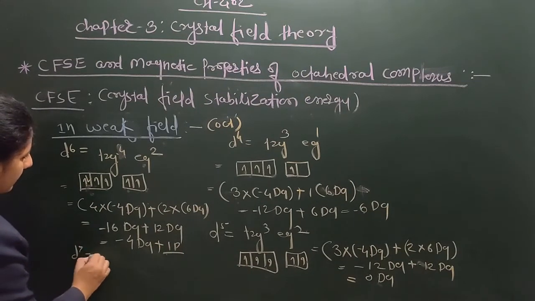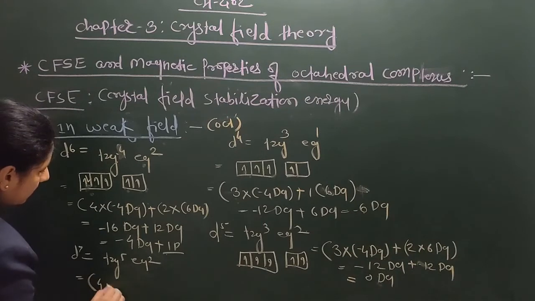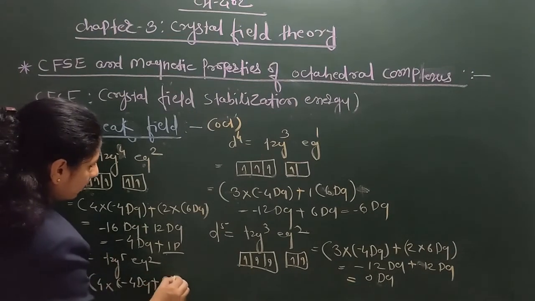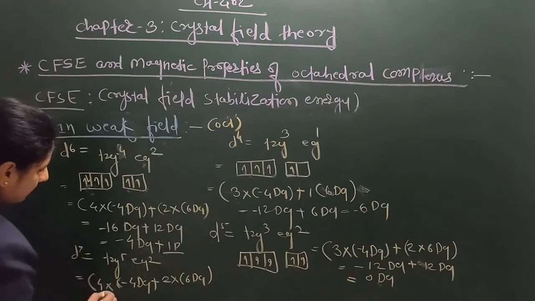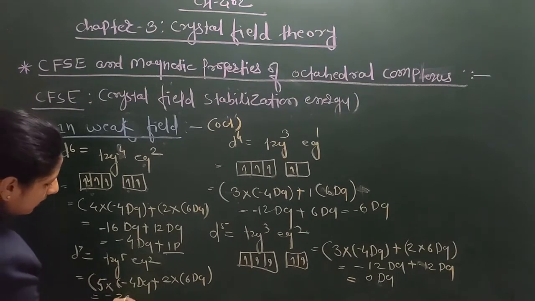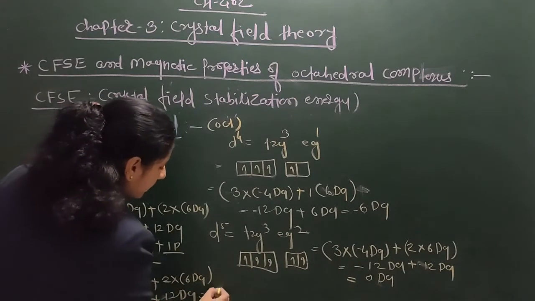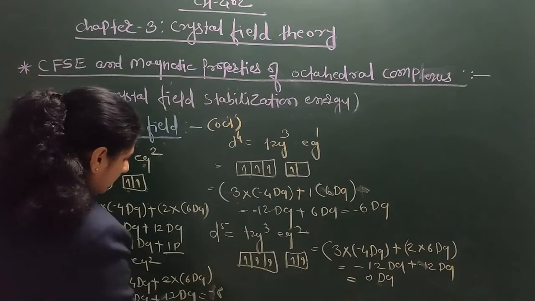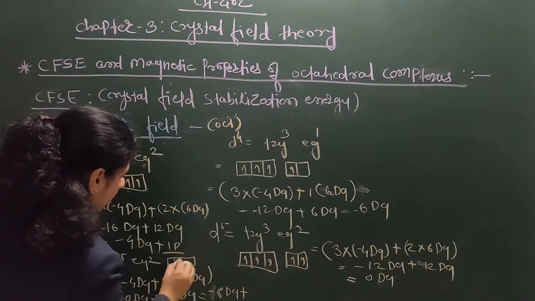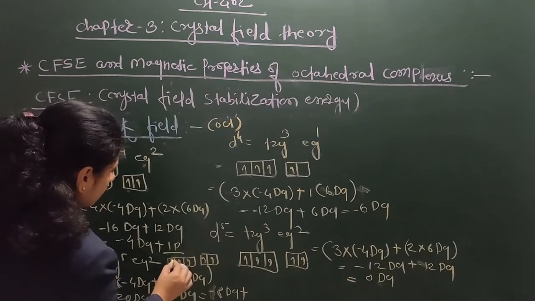For the D7 system we can write again t2g 5 and eg 2, and according to that equation, that is minus 4 dq into 5 electrons in t2g, plus 2 into 6 dq, that is 12 dq, and the total energy is minus 8 dq, plus how much pairing there is. So the pairing for the D7 system: 1, 2, 3, 4, 5, 6 and 7.